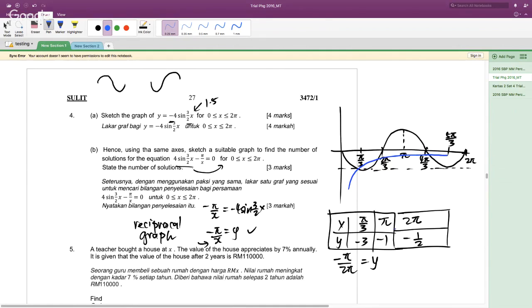Okay, so basically, you know your maximum will be 4, your minimum should be -4. Let me draw nicely a bit. Should be something looking like this. Okay, this is what happens for reciprocal. You can just try to plot it, and then you can still get the correct answer.